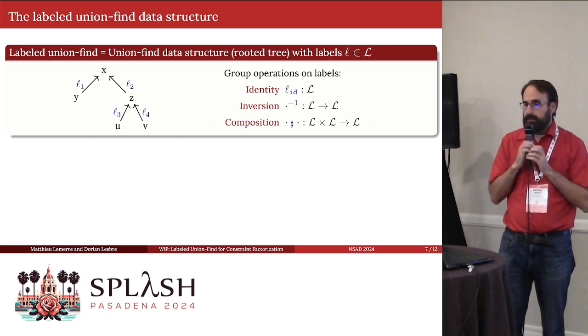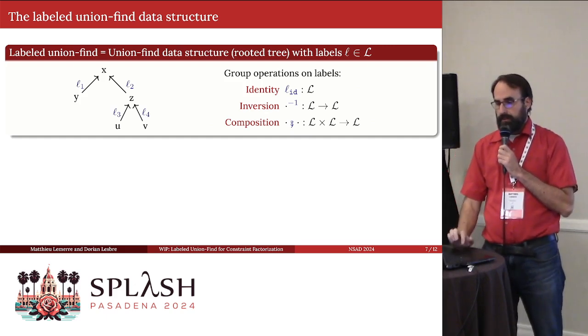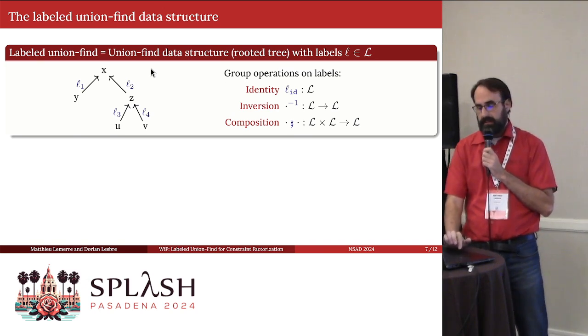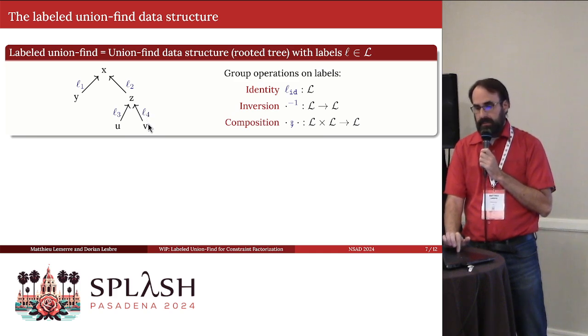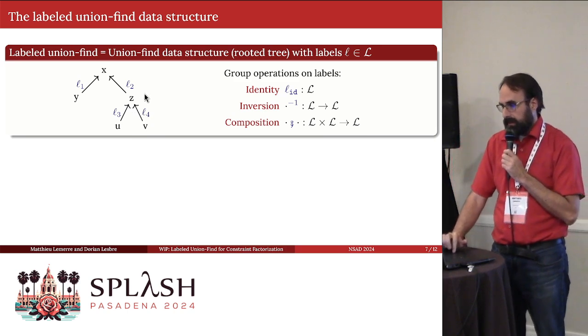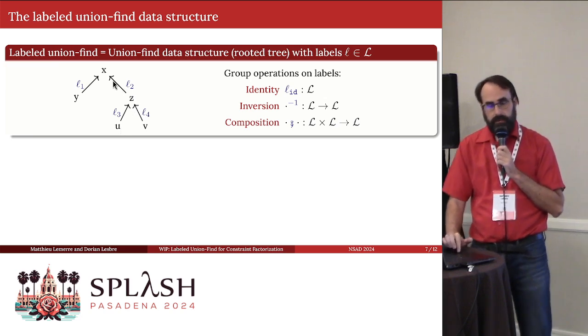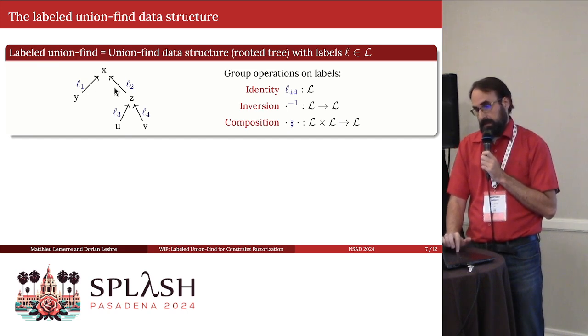So this brings me to this label union-find data structure. It's actually a union-find data structure. If you don't know what union-find is, it's just a tree where every node is pointing to its parent. But the difference is that on this link from each element to its parent, we will have a label like this.